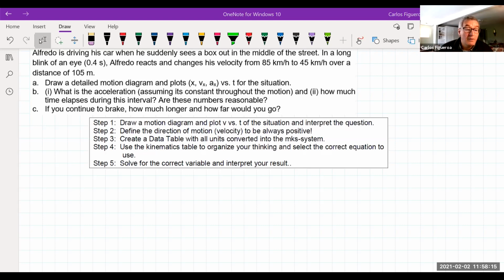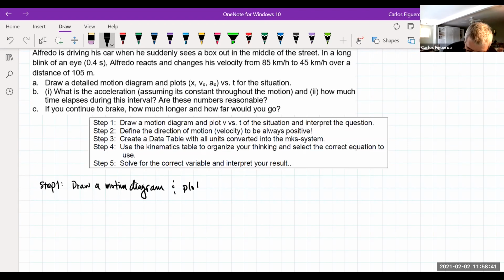So here we go. What I want to do here is draw a detailed motion diagram of this thing. Okay? I'm going to read this problem, and then I'm going to go right through the steps. So I'm going to say step 1. Here, I'm going to draw a motion diagram and plot velocity versus time.